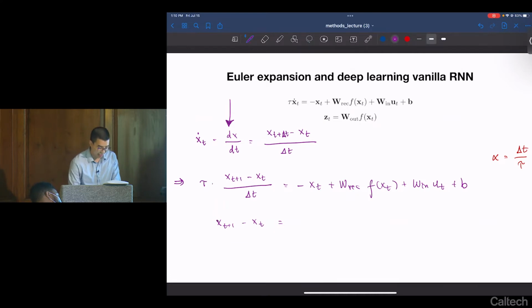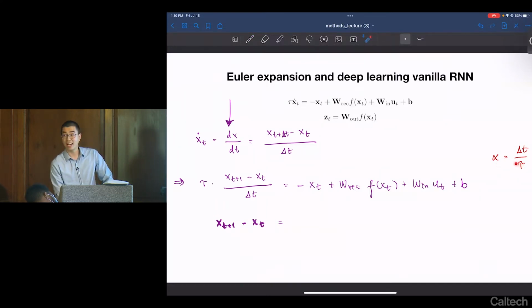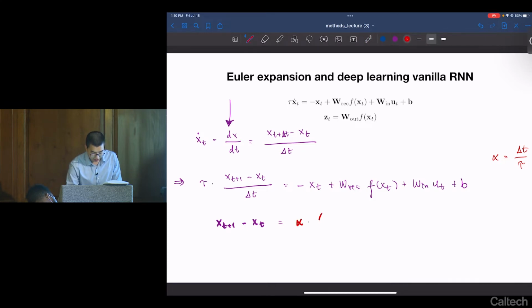So here we have x of t plus 1 minus x of t. And then I defined alpha equals delta t over tau. So I can multiply both sides by alpha, and that'll give me an alpha times this expression over here. And then I'm going to move x of t to the other side.